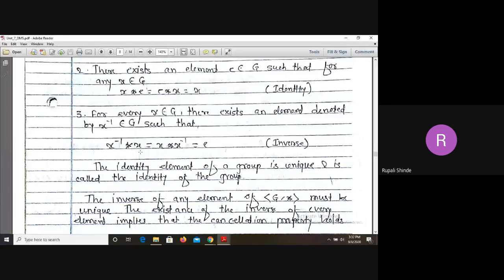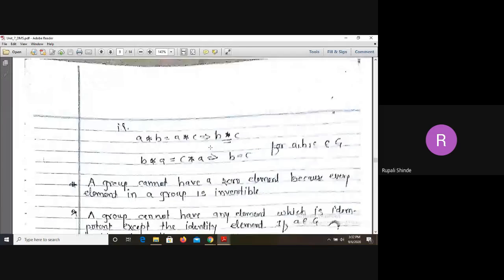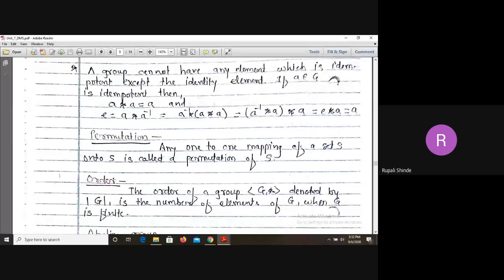Here that element is x, so x star x inverse is equal to E. Likewise, A star A inverse is equal to E, and that we have written here. So again, E into A, that is E star A.